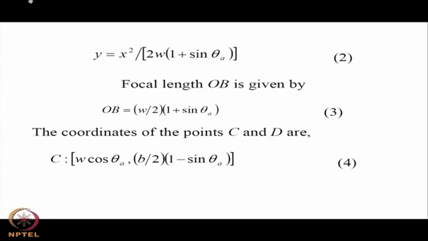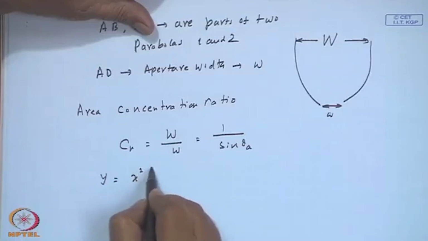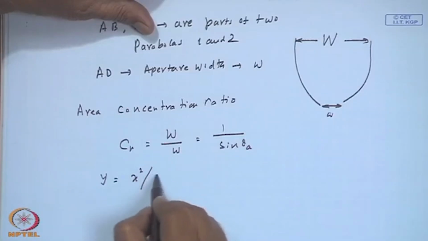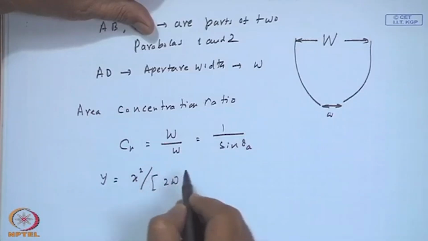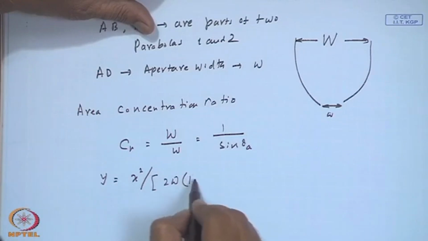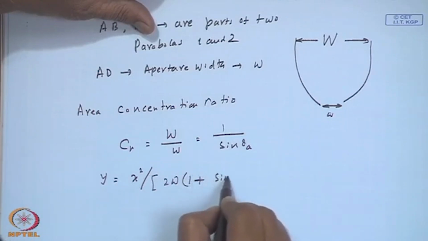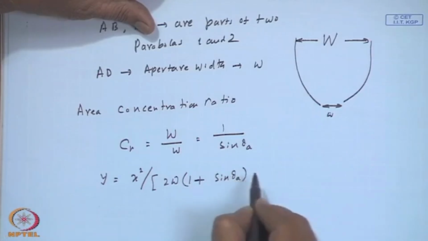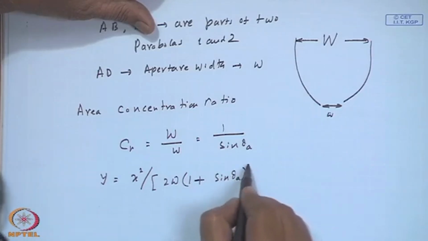You can express coordinate y as x squared upon 2 small w into 1 plus sin theta, the acceptance angle theta A.